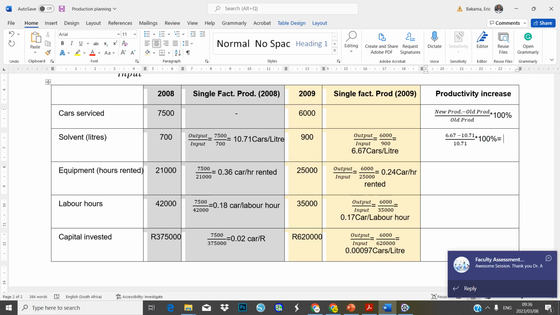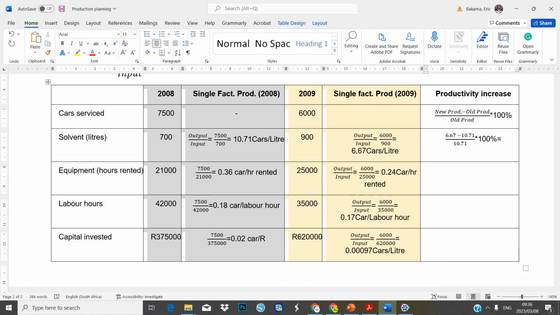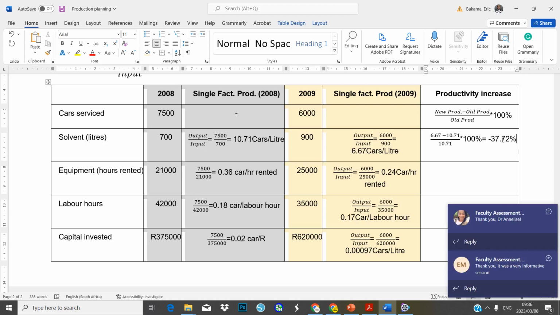So if we take 6.67 minus 10.71, divide by 10.71, and multiply by 100, you will get a value of negative 37. This means that the company has underperformed, because the negative sign just shows us that there's been a decrease in productivity by 37.